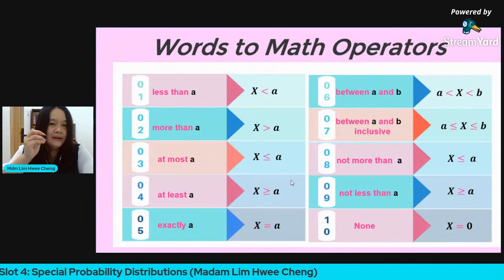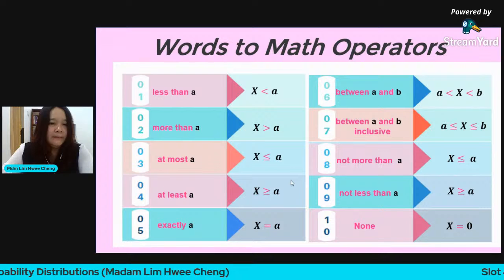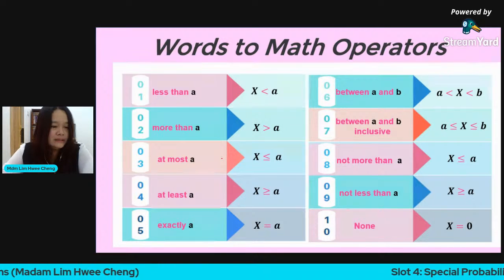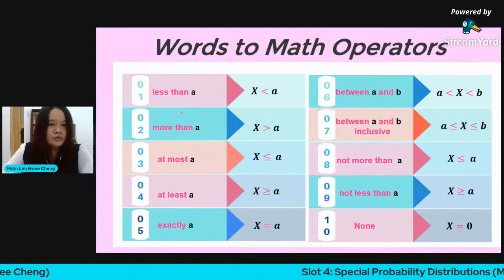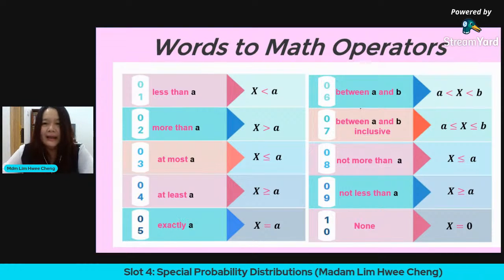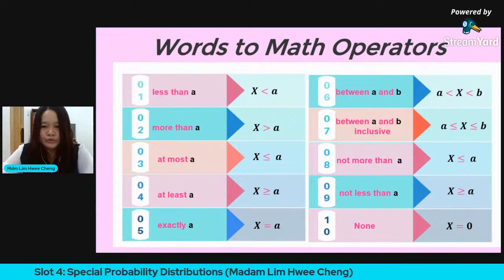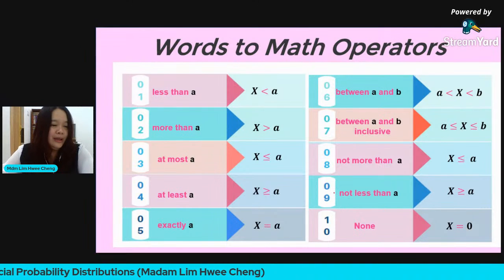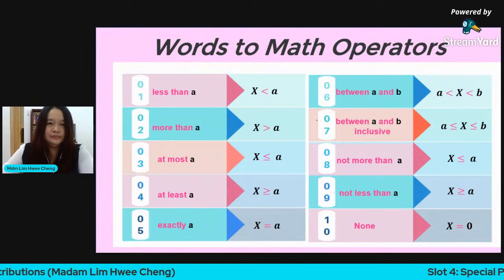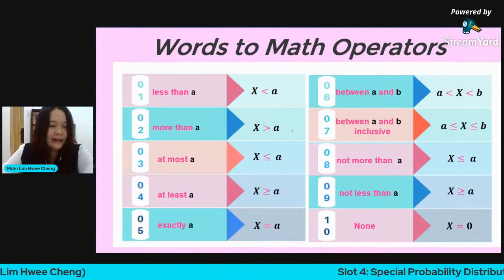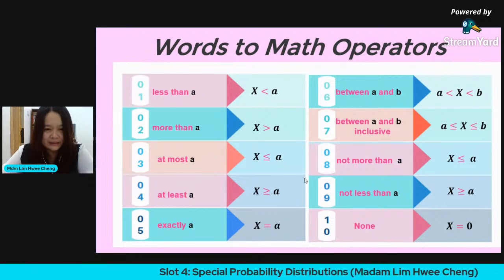During the exam in the chapter 10 questions, you are going to read through all these: less than, more than, at most, at least, exactly, between, inclusive, not more than, and so on. Make sure that you convert to the max operator correctly first, before you read from the statistical table.